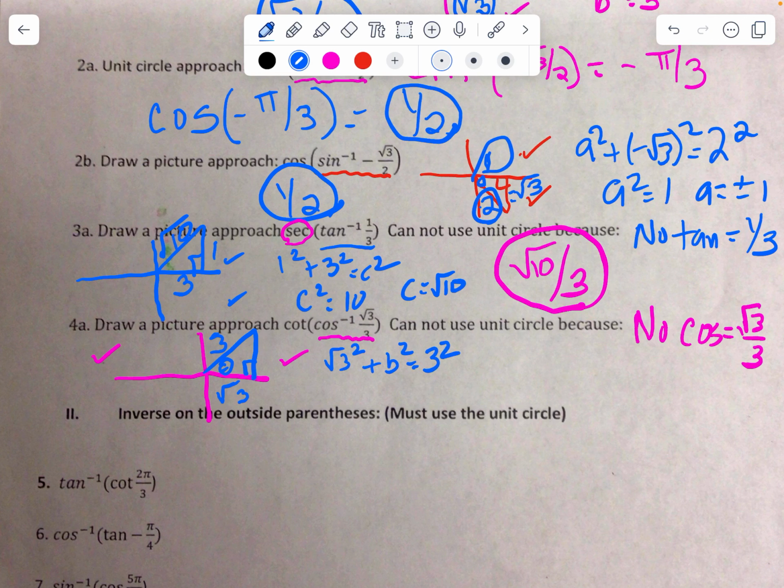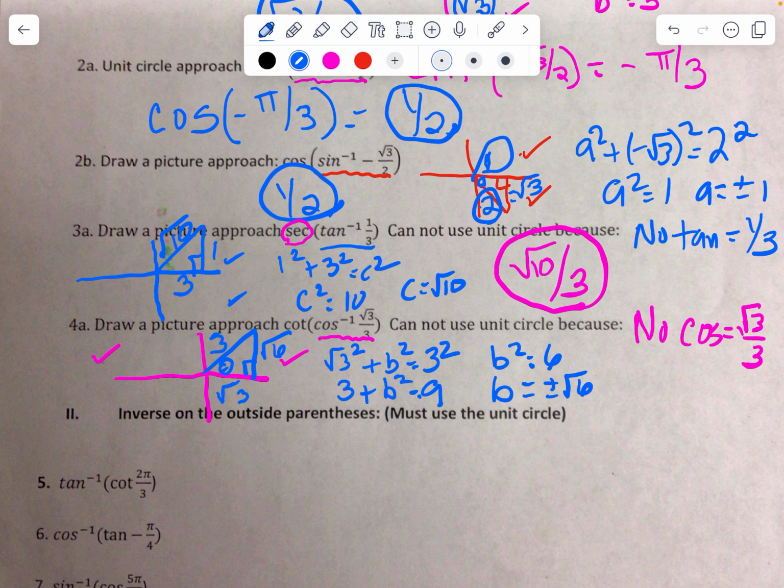So root 3 squared is 3, plus b squared equals 9. B squared equals 6. B equals plus or minus root 6. And again, I've got to choose the plus or minus. This is going to be positive root 6 because it's going up on the y-axis.